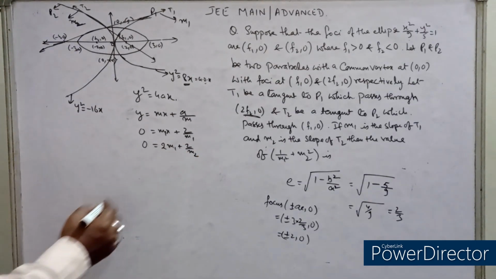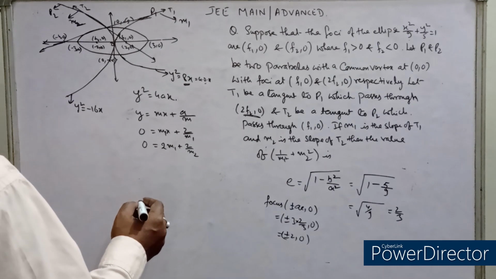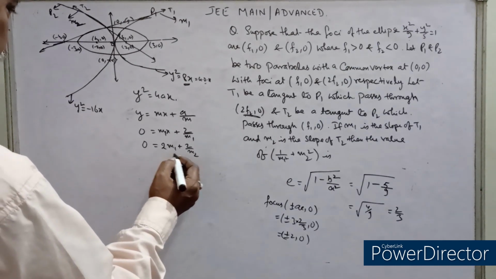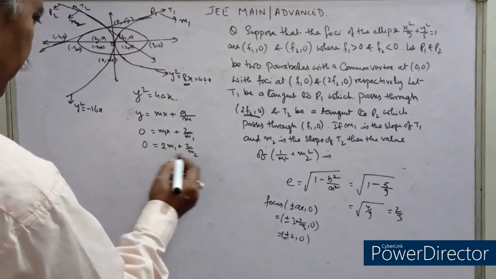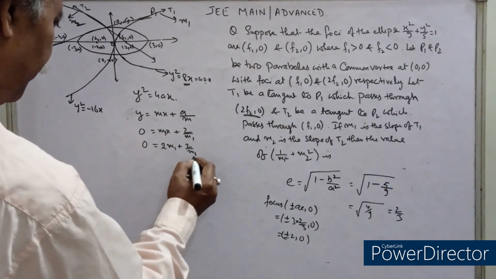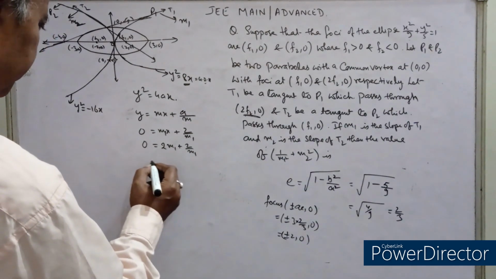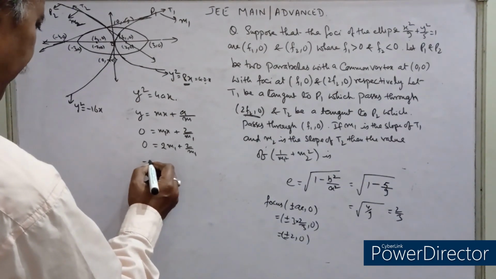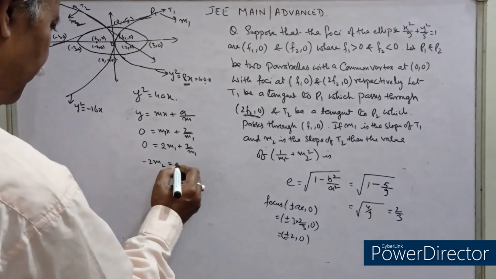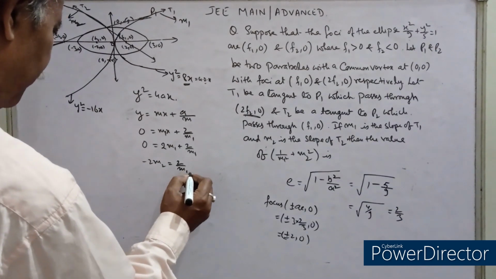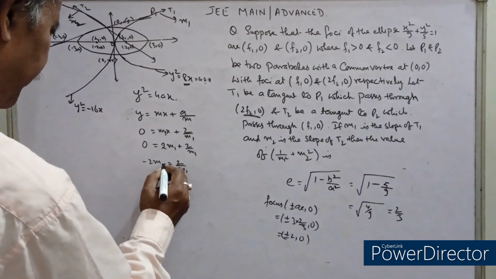So this will be minus 2 by m1 is equal to 2 m1.